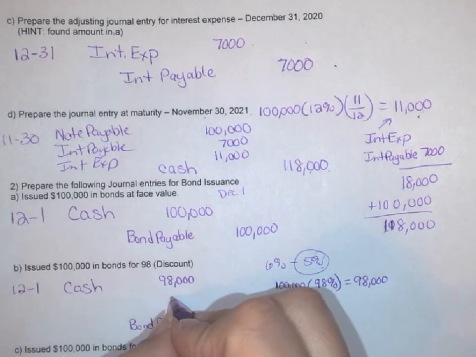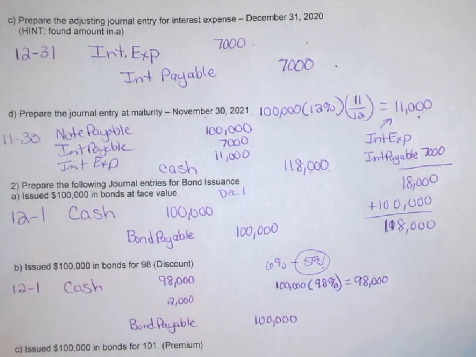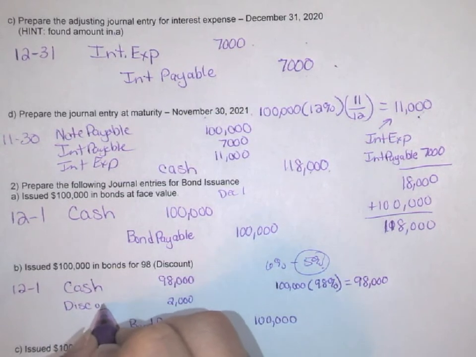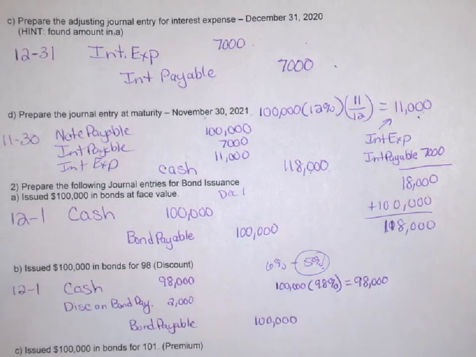So we are going to need an additional $2,000 on the debit side to have it equal out. And so that account that we're going to use is going to be discount on bond payable. So discount on bond payable is how we're going to balance out our account. Now our debits are at $100,000 and our credits are at $100,000.